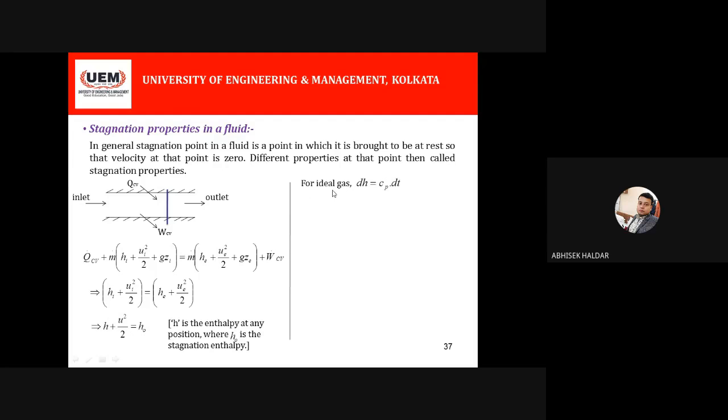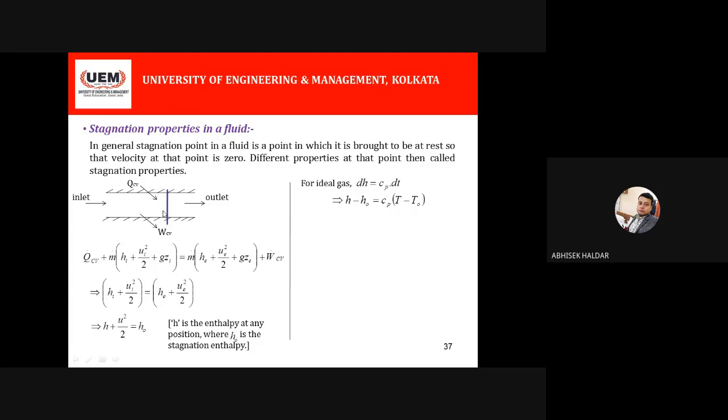Now for the ideal gas we know dH is equal to Cp dT, a very well known equation: change in enthalpy, where Cp is the specific heat at constant pressure and dT is the change in temperature. So I can write this as such. Here I have enthalpy H, and here I have the stagnation enthalpy H naught.